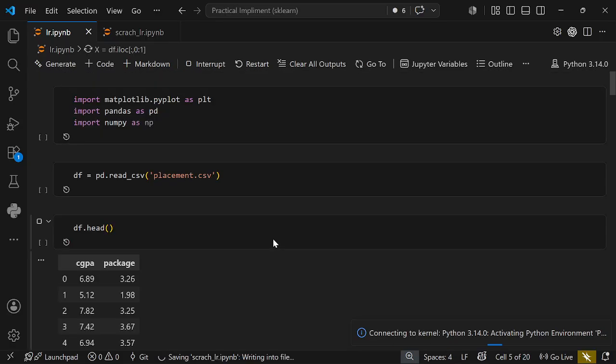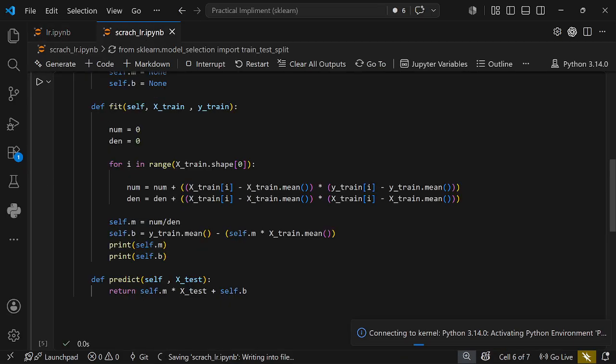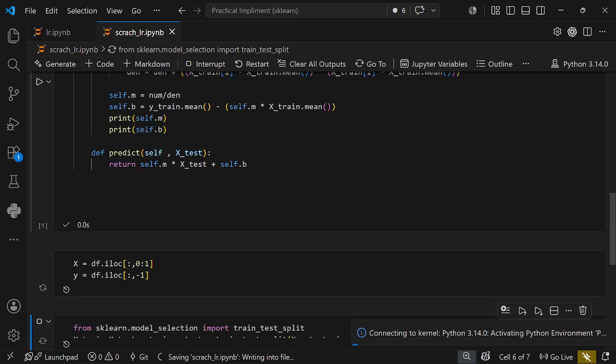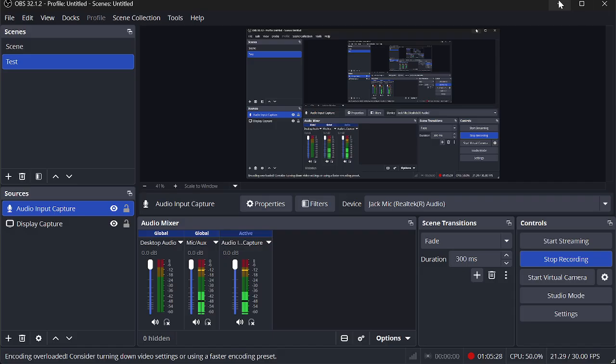Definitely this class will work. Let's see if it connects with the kernel or not. Too much time it's taking.